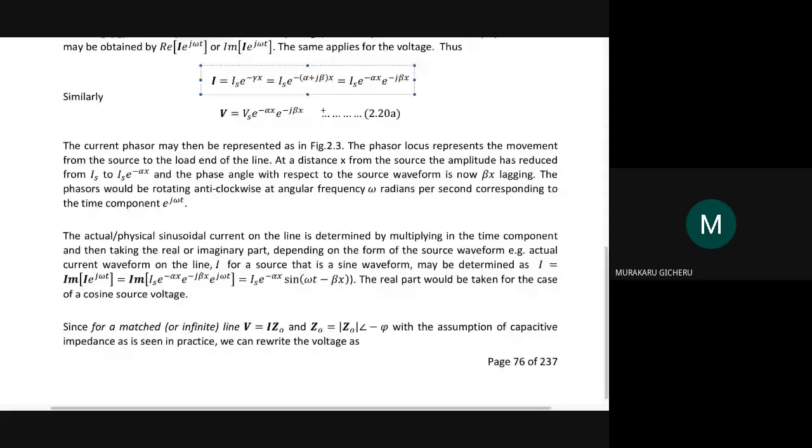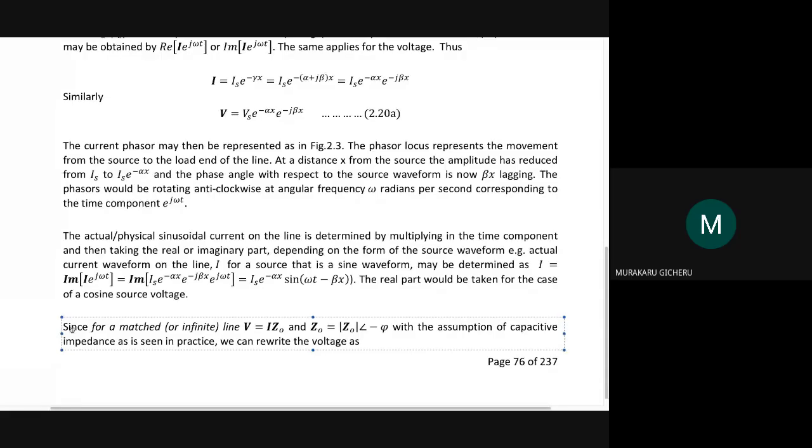And this is from Euler's formula, which says that e to the power j omega t is equal to the cosine of omega t plus j sine omega t. So since the j precedes the sine part, you'll take the imaginary, and the cosine does not have a j attached to it, so you'll just take it as a real part.